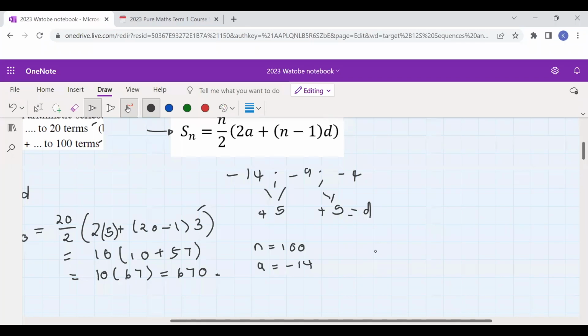Let us substitute. So S, N, no, not N, girl. Guys, I hope you don't have porridge brain like me.